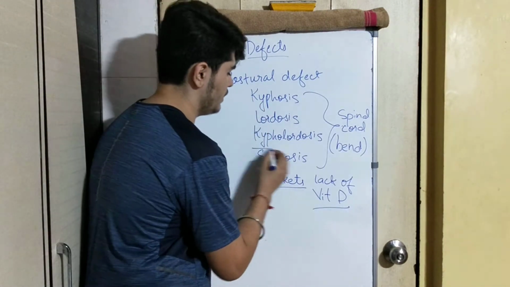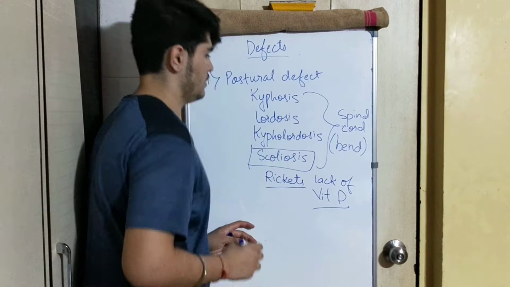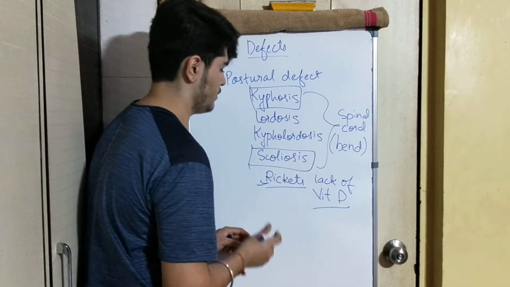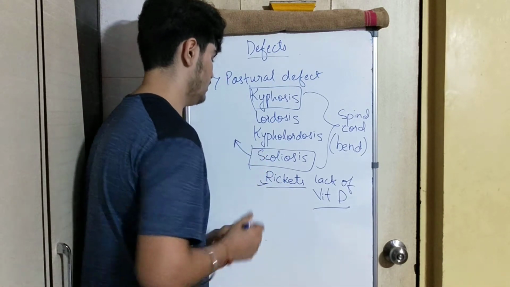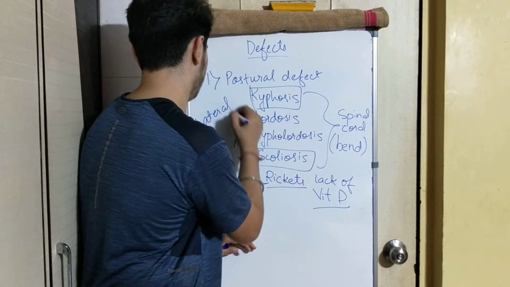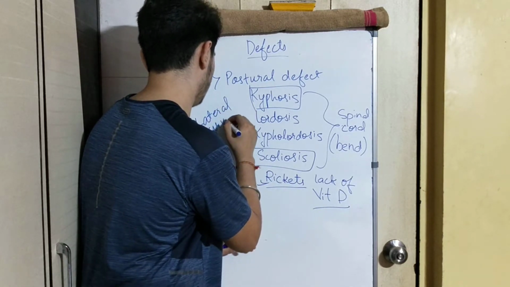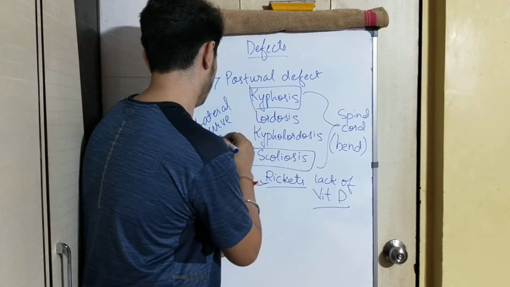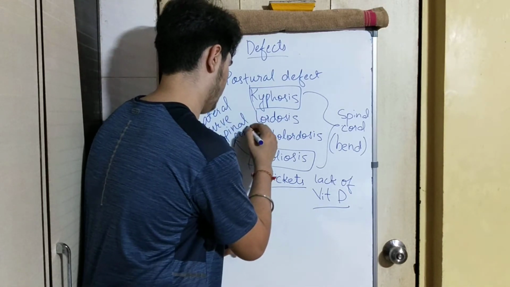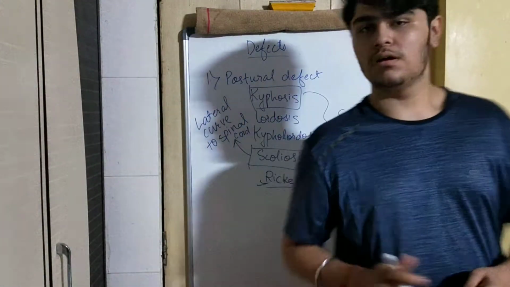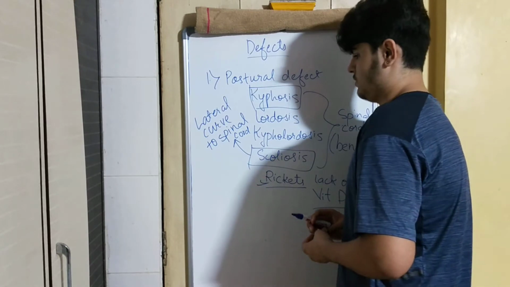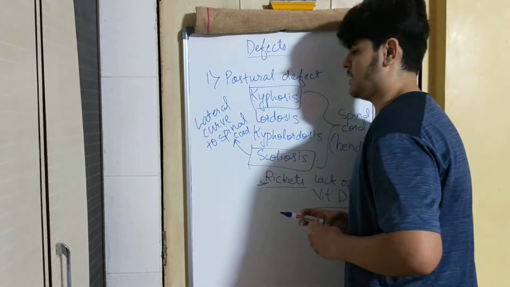In boards, mainly scoliosis and kyphosis are asked. Rickets is asked sometimes, but not many times. Scoliosis is a lateral curve of the spinal cord.